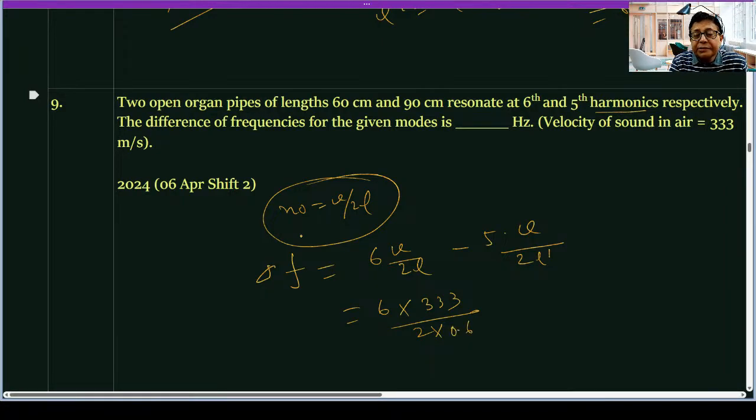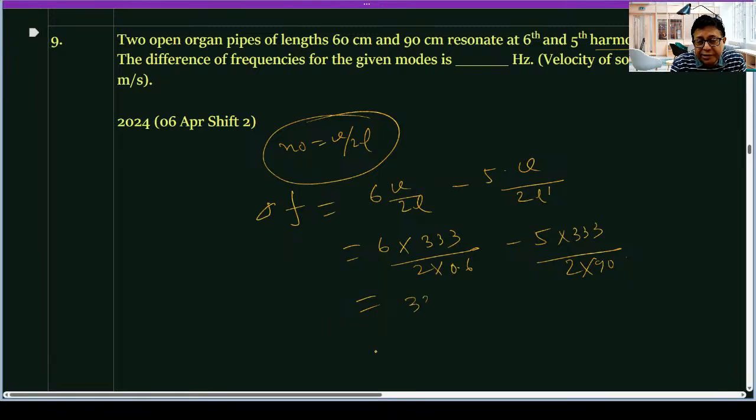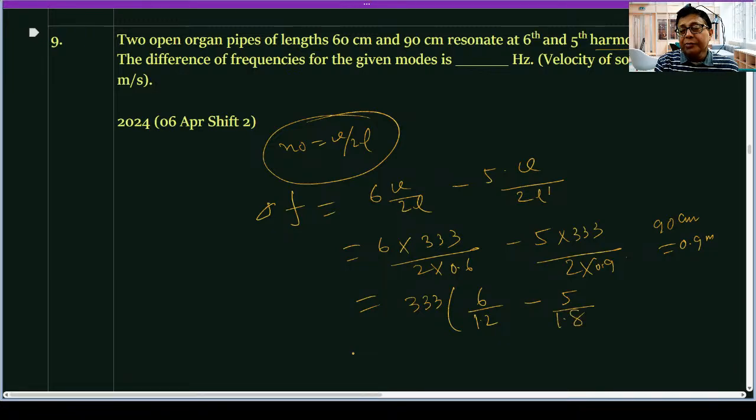L is 0.6 and L dash is 0.9 meters; I have changed 60 centimeters to 0.6. If I take V by 2 common, there will be 333 into 6 by 1.2 minus 5 by 1.8.